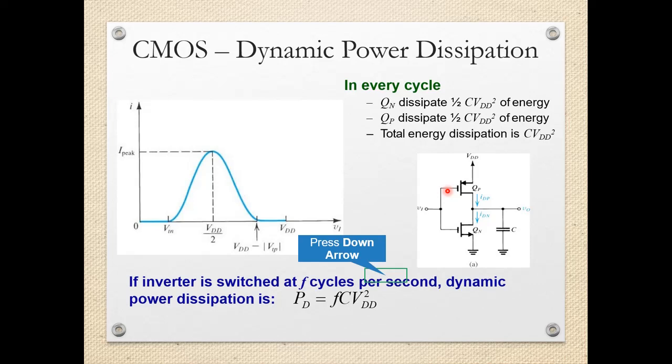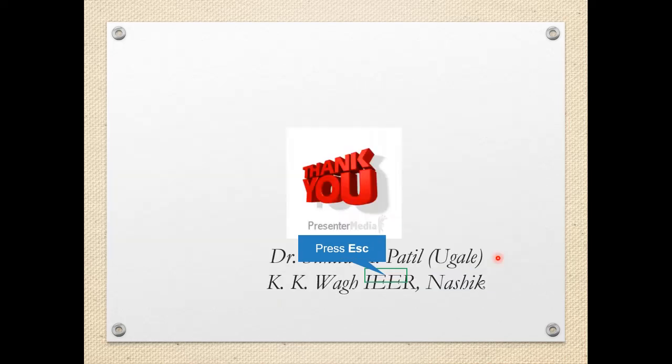So if the inverter is switched at f cycles per second, the dynamic power dissipation is given as f times C VDD square, where f is the cycles per second, which is nothing but the switching frequency. So if the switching frequency increases, the dynamic power dissipation will also definitely increase.